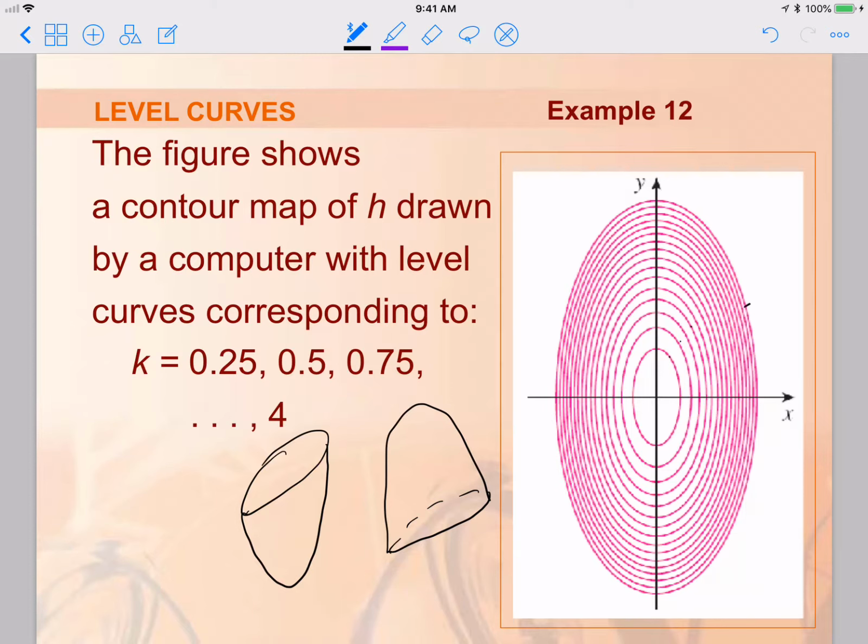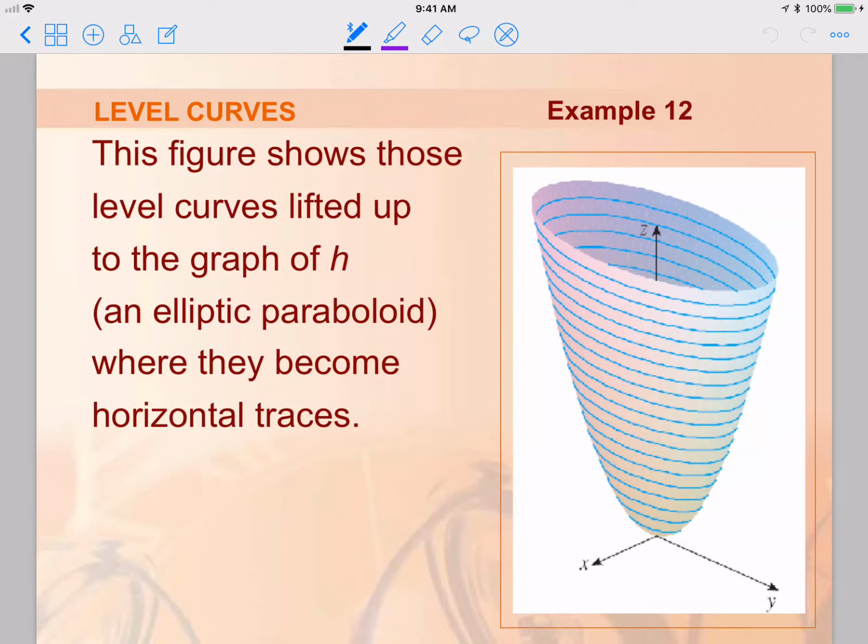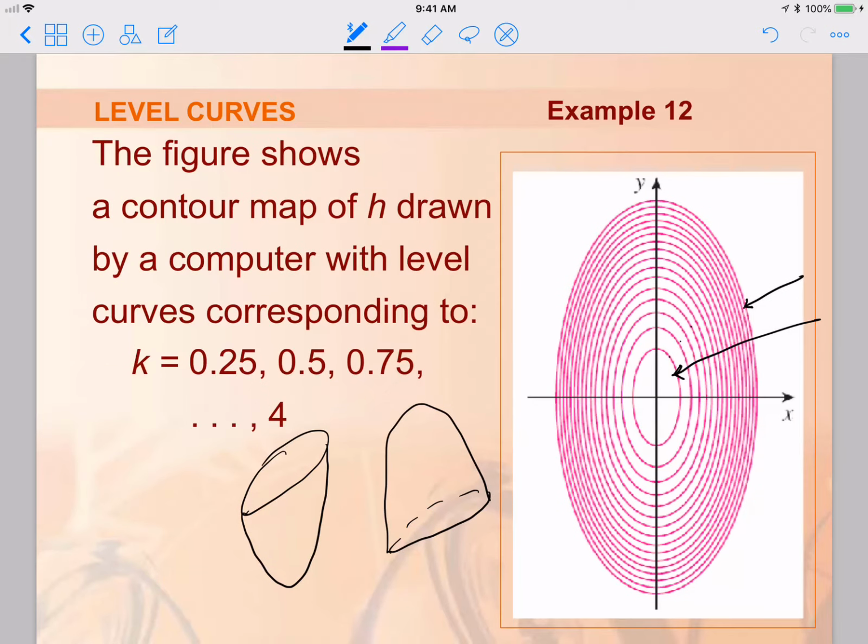Because we don't know, is the value at K here larger or smaller than the value at K here. But if we had these level curves labeled, then we could tell, oh, okay, so out here is K equals 4, and on the inside is K equals 0.25. Remember K is the altitude.